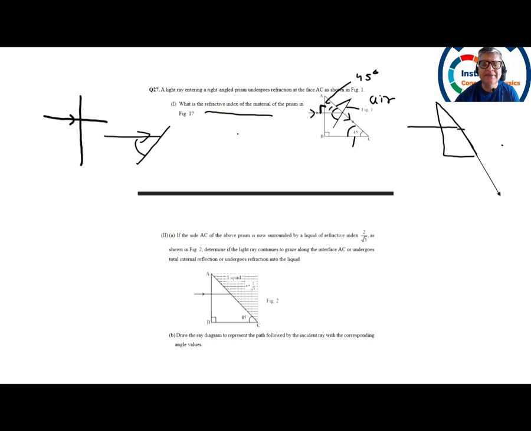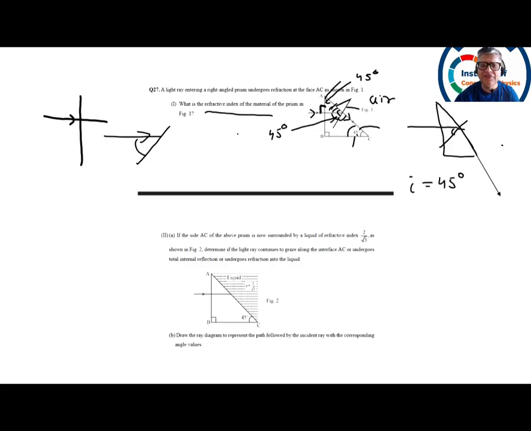This and this is 90 degrees. This is also 90 degrees. So the balance angle here is 45 degrees. So my angle of incidence in this figure is 45 degrees. All of this came from 45 degree knowledge. This became 45, and then this became 45, so I know my angle of incidence to be 45 degrees.